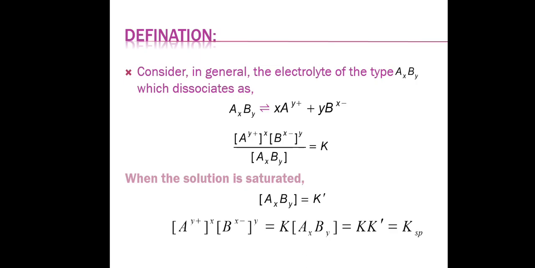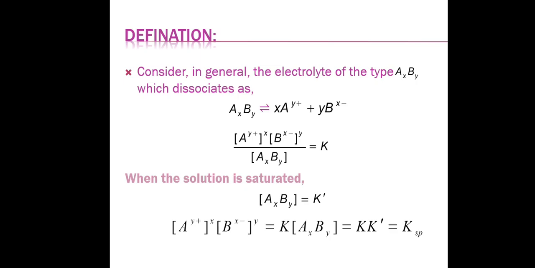Whenever we have these stoichiometric coefficients x and y in any dissociation equation, then whenever we write the equilibrium constant for it, the stoichiometric coefficient has to be raised as a power of the concentration. So that is what we are doing. K is equal to A y plus to the power x and B x minus to the power y, divided by AxBy.